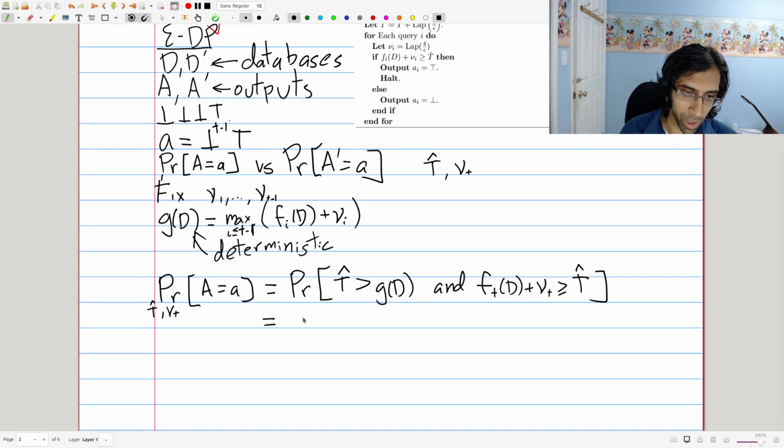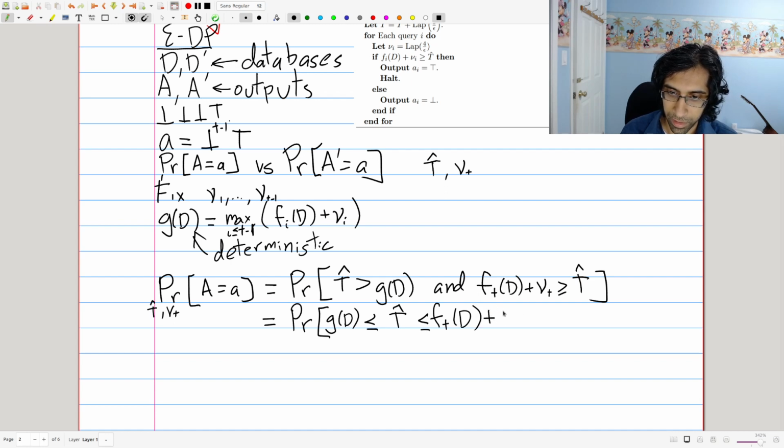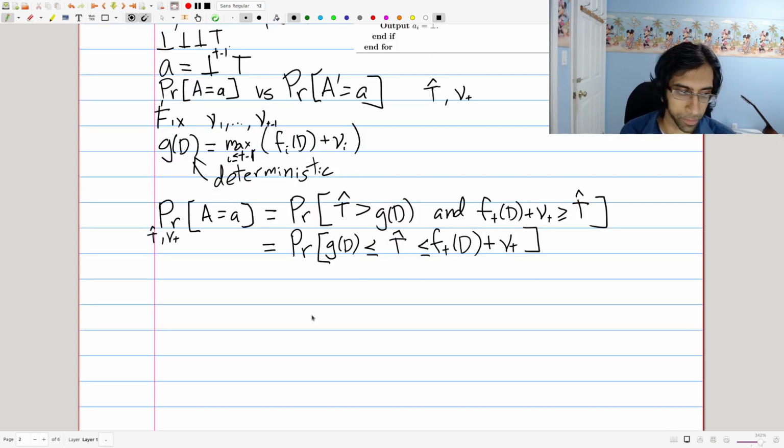This can be rewritten a slightly different way, just saying where t hat lies. So this is g of D, less than or equal to t hat, less than or equal to f of t of D plus nu of t. That's the condition we have. If this event happens, then we have the desired output.